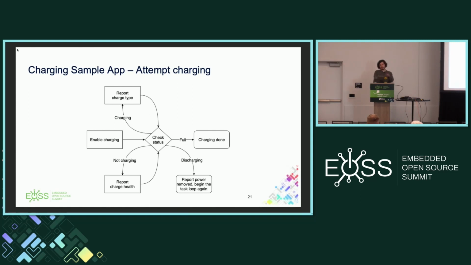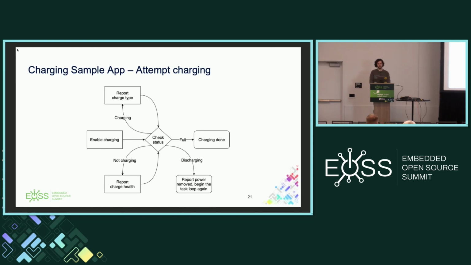And so if you enable charging and you see that you're not charging, that is to mean that there is power provided, you tried to charge a battery and you're still not charging, then something has gone wrong. So you would report the charge health property and see what you would do. In the case of the sample application, it does nothing because it doesn't go into specifics on how to handle each possible health outcome.